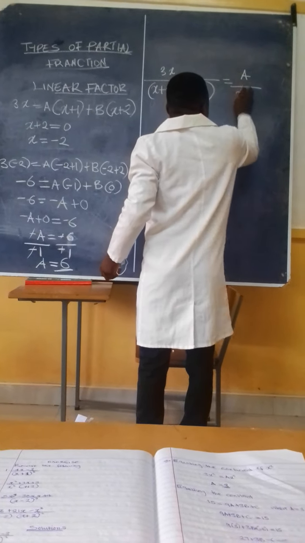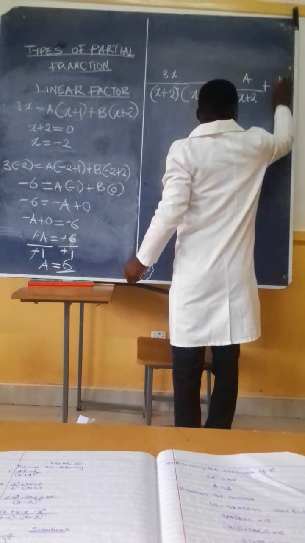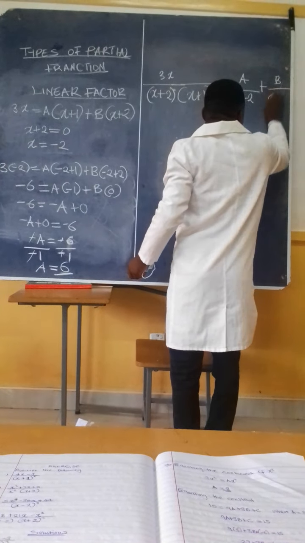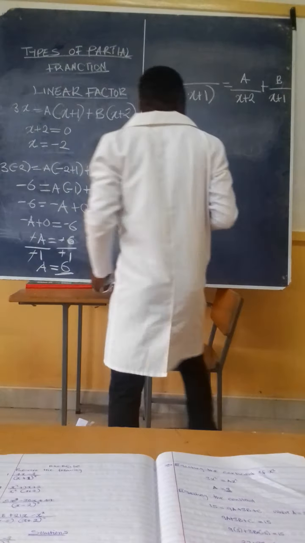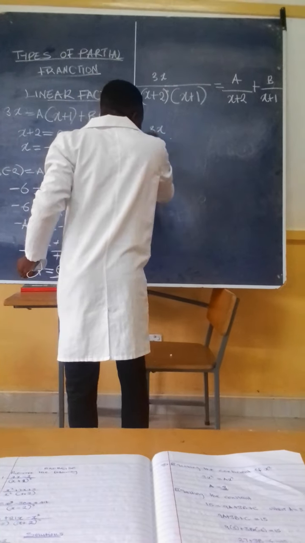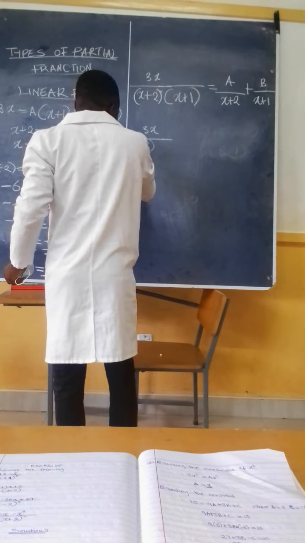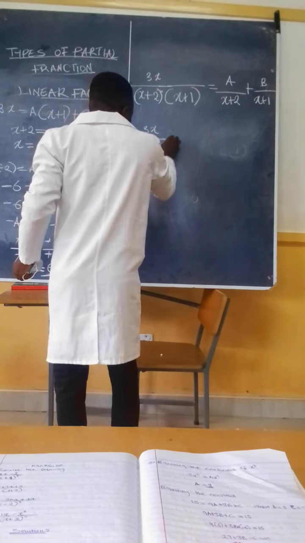3x over open bracket x plus 2, close bracket, open bracket x plus 1, close bracket, is equal to a over x plus 2 plus b over x plus 1.